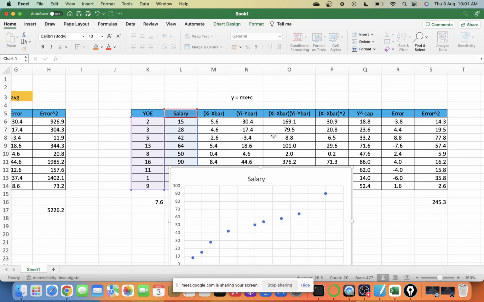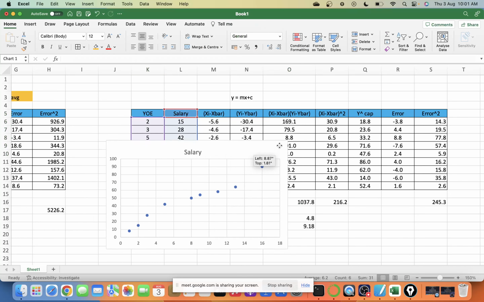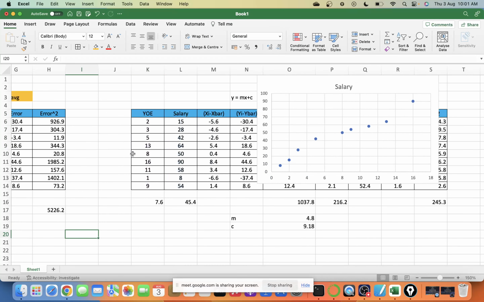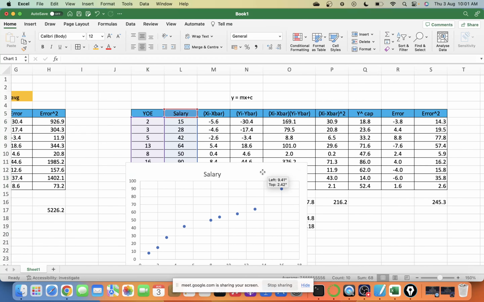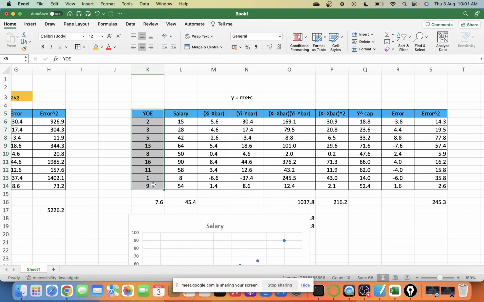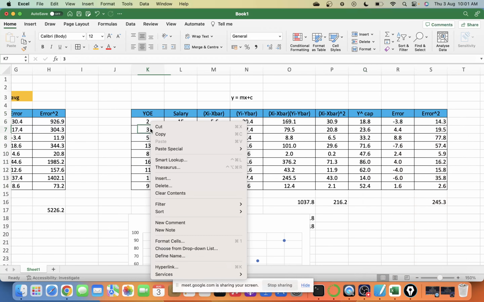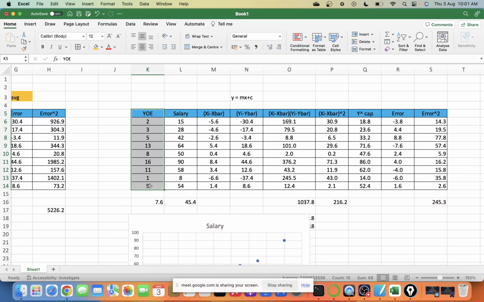I can draw one more thing, but I don't want to draw something else over here. I can choose this one as well as this one, then go into insert.